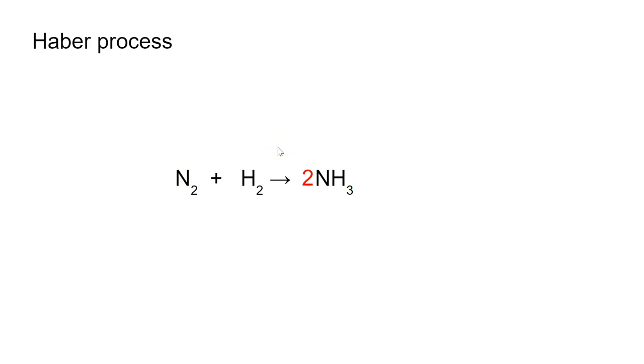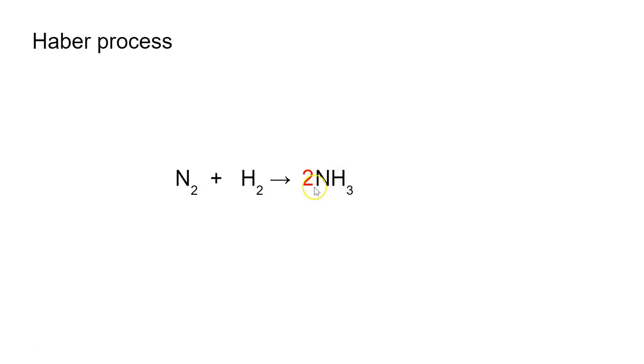Let's have a look at hydrogen. On this side, I've got 2 hydrogen atoms combining to give me a hydrogen diatomic molecule. But on this side, all in all, there are 6 hydrogen atoms present in 2 molecules of ammonia.